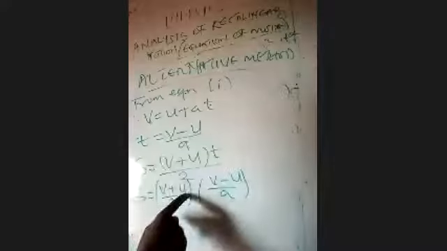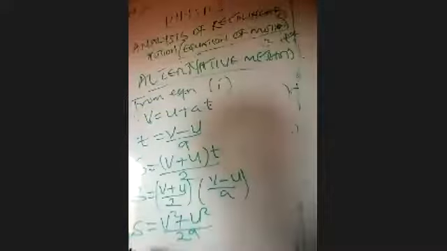So this is v plus u all over 2, v minus u all over a. You know how we arrive at this? So v plus u all over 2 and v minus u all over a.